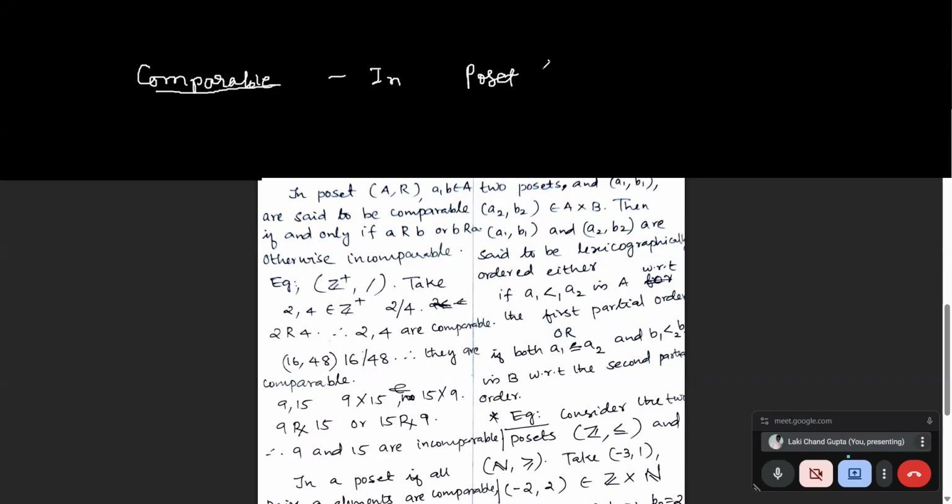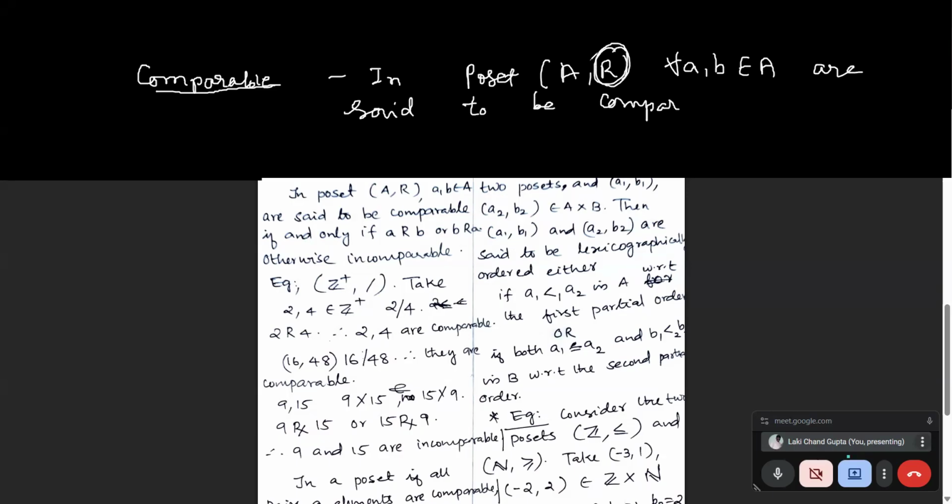let's suppose poset is what? A and relation is R. And you are taking a, b from set A. For all a, b belonging to A are said to be comparable when, no. A comma R means A is the set for which you are going to check whether this is a poset or not.